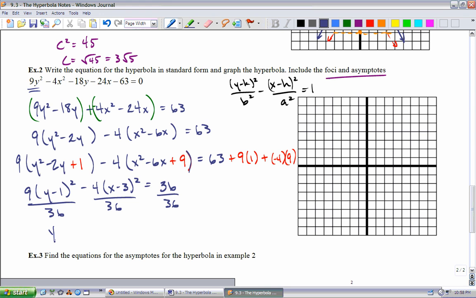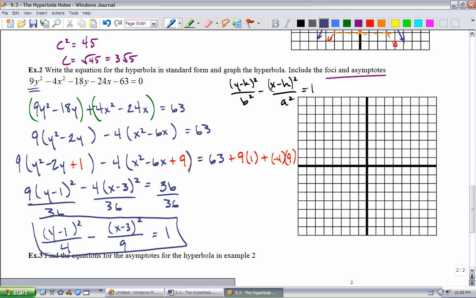Okay, we end up with y minus 1 squared over 4 minus x minus 3 squared over 9 equals 1. This is our equation in standard form. Okay? That's the one that we're going to graph.